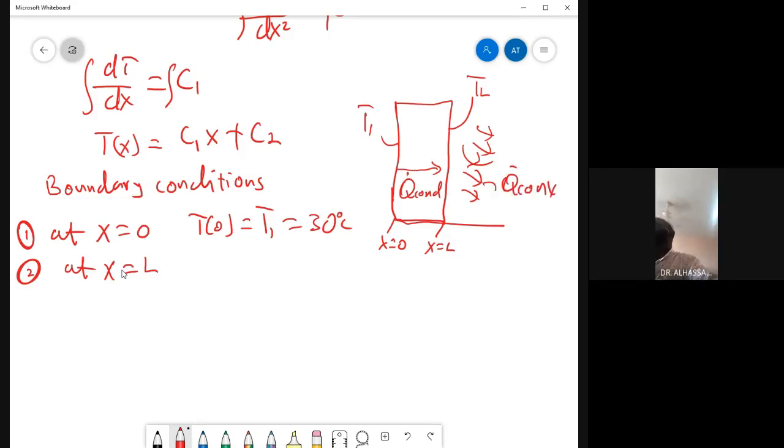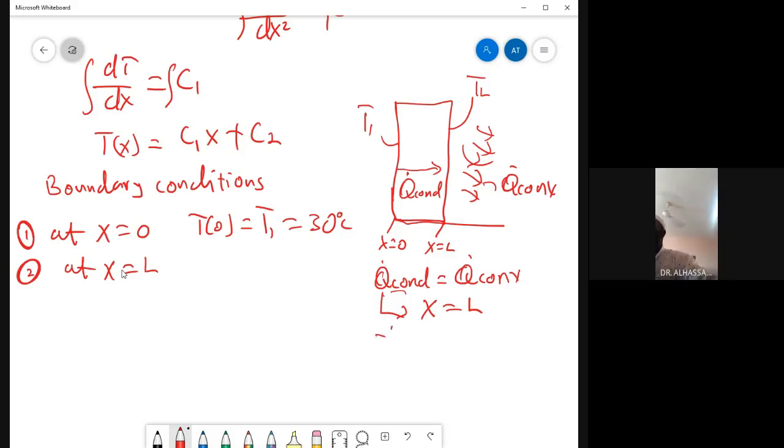So here we have convection, Q convection. At steady state condition, Q conduction should be equal to Q convection. So this condition is applicable at x equals L, where the conduction heat transfer is immediately transformed into convection. You understand me? What is the equation for conduction?